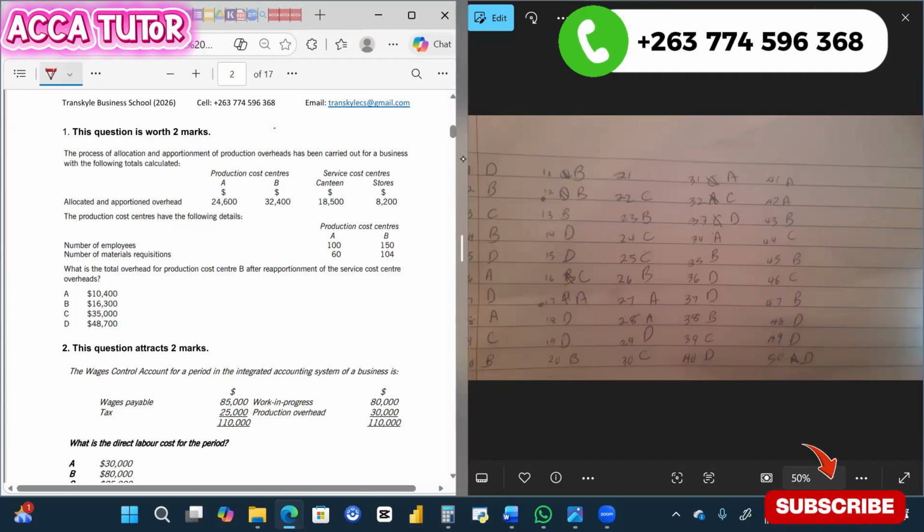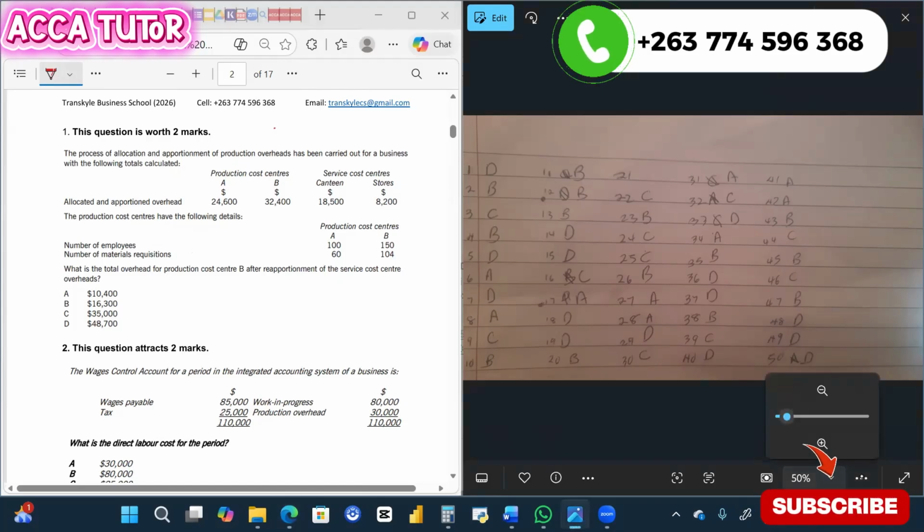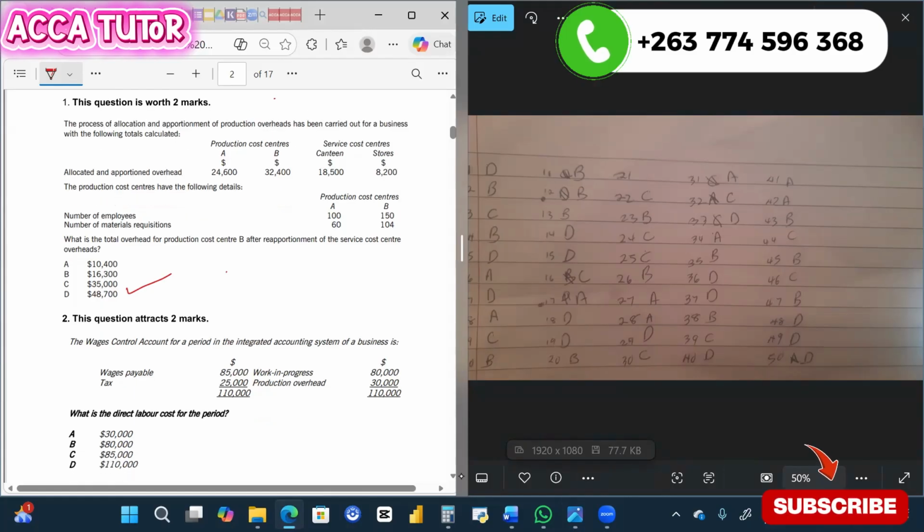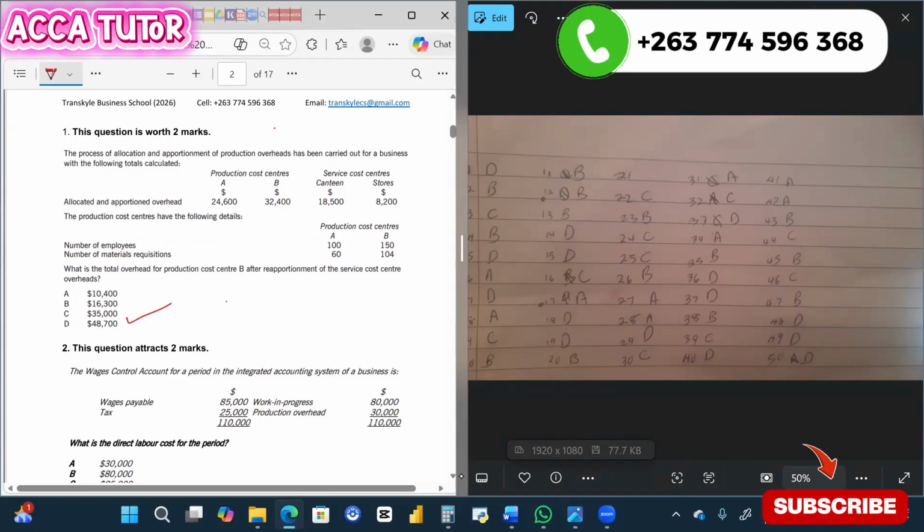Unfortunately, my pointer can't write on your screen, it doesn't give me an option to draw anything. So I'll be marking on my question paper. All right, this one you got it right because I can see a D there. But for the purpose of the video, we just have to rush through the question.